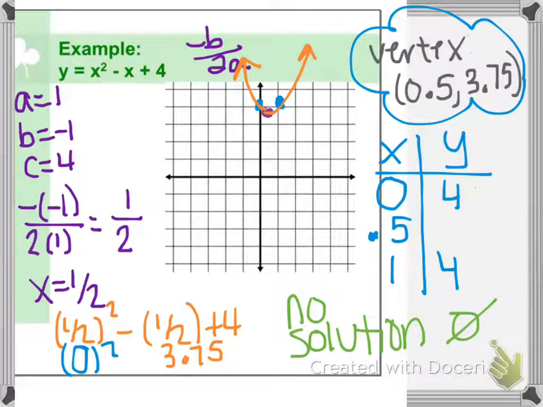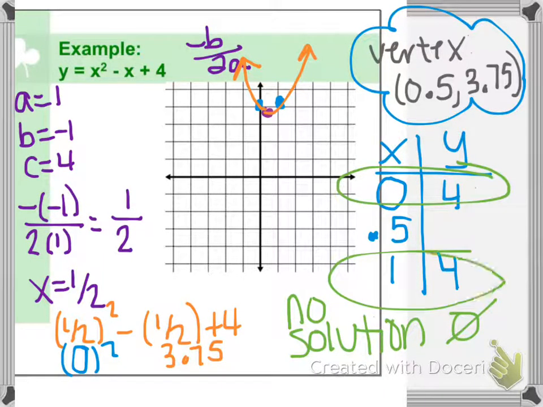Again, you found the vertex using negative b over 2a that we did last week. Then we picked a point that came before the vertex, in this case 0, and a point that came after the vertex, in this case 1, to plug in. And that is all I needed on my graph to see that it was never going to cross the x-axis, so my final answer is no solution.